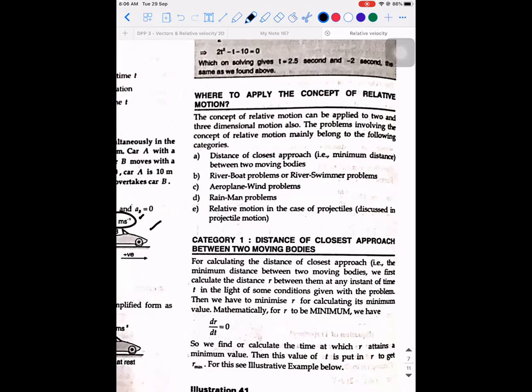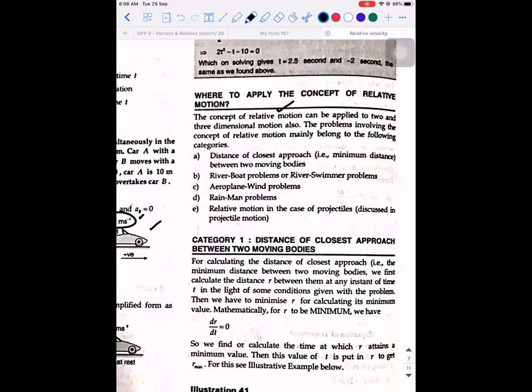Now, what we saw till now is relative velocity in one dimension. Now there comes an important question: where to apply the concept of relative motion? How do we know? Like, say this problem is given to me, I need to solve this only using relative motion. So there are certain keywords observed. The concept of relative motion can be applied to 2 and 3-dimensional motion also, but mostly we'll concentrate only on 2-dimensional.